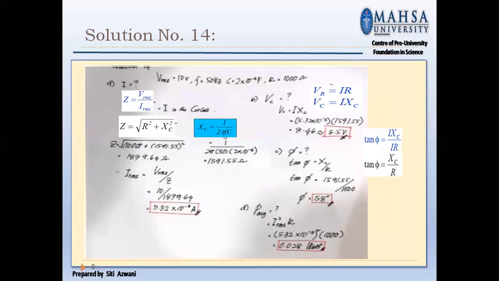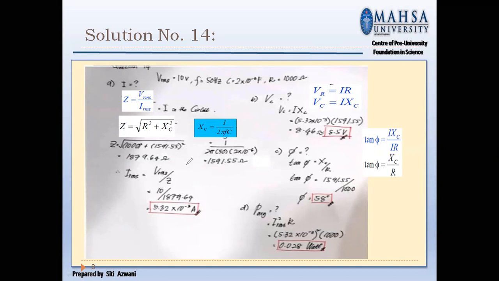Okay, let's do the solution here. For solution A, you want to calculate the value of your current. If you refer to your question, you want to calculate the IRMS. The IRMS is equal to the value of the current flowing in the circuit, and it must be the same.